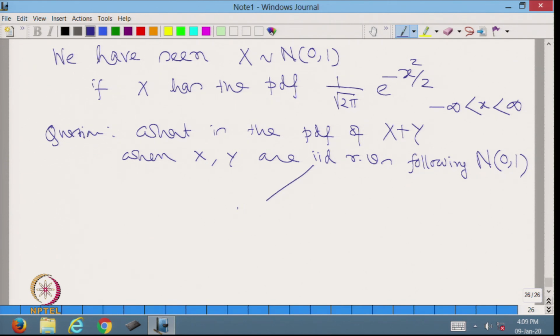Here I means independent, this means identical, that means both of them have the same distribution, and this is the distribution.